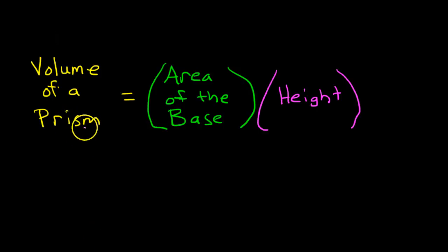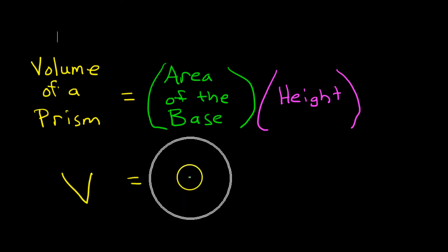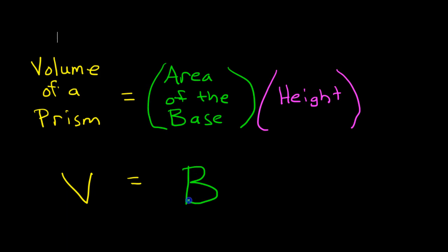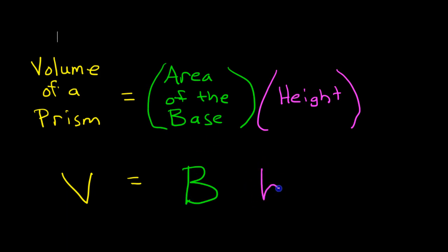The volume of a prism or cylinder is equal to the area of the base times the height. So in letters, the volume is equal to capital B times H. All right, but this B represents the area of the base.